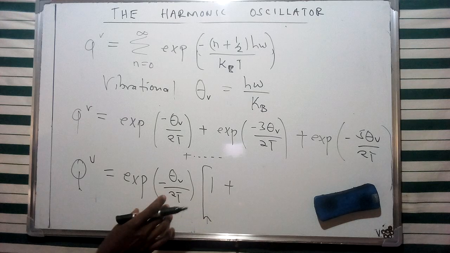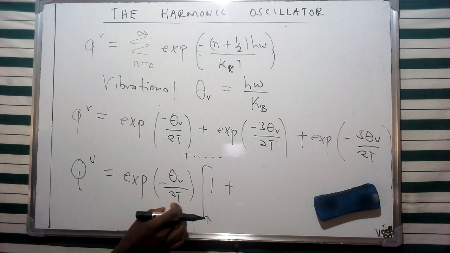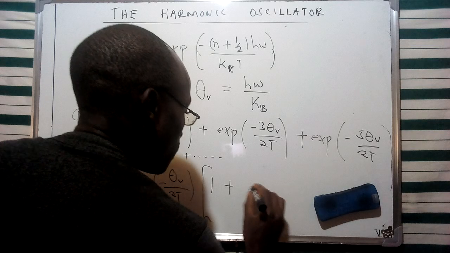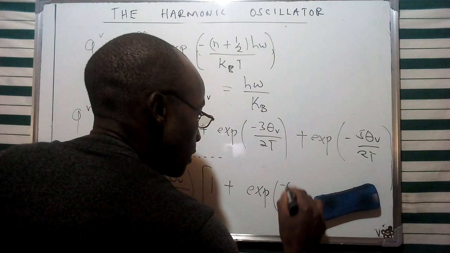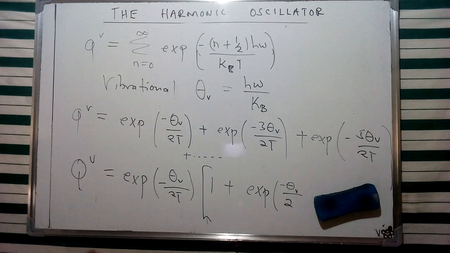The multiple between this one and this one is going to give us the first factor, and then the multiple between this one and this one giving us the second factor, which is going to be the exponent over negative that specific temperature divided by T.